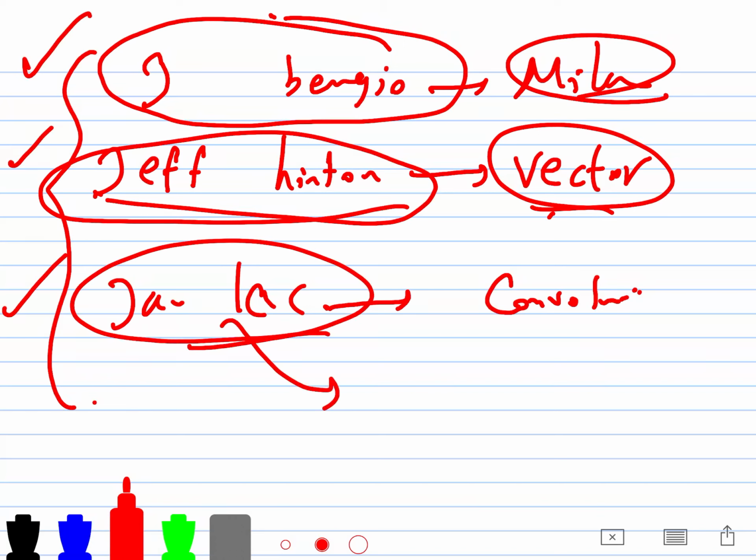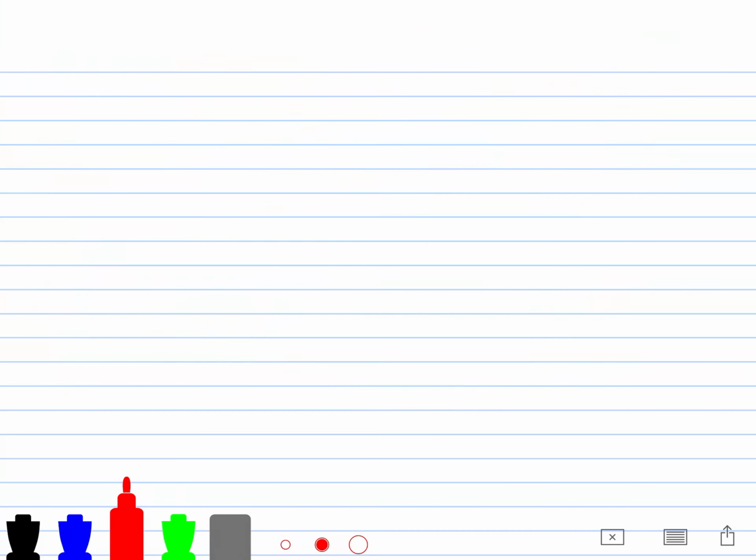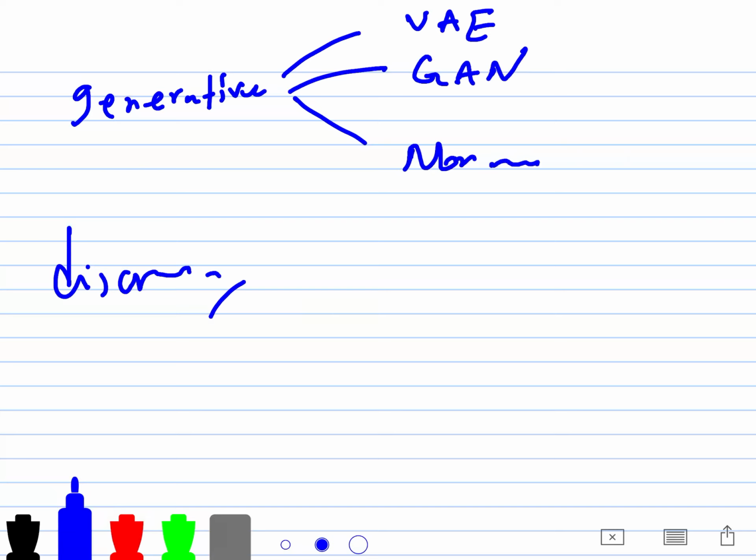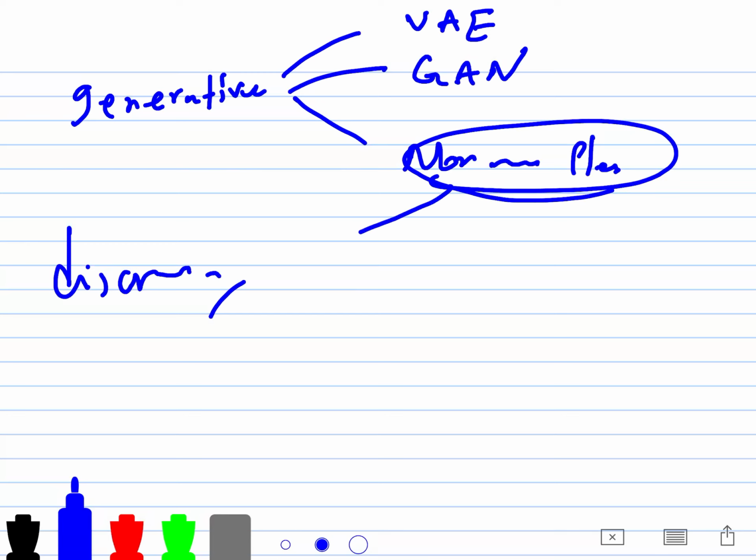For example, Yann LeCun has energy-based methods. And what are energy-based methods? You know that we have generative models. You have discriminative models. Generative models like variational autoencoder, generative adversarial neural networks, normalizing flow. Of course, this could be discriminative as well. So you can unify.